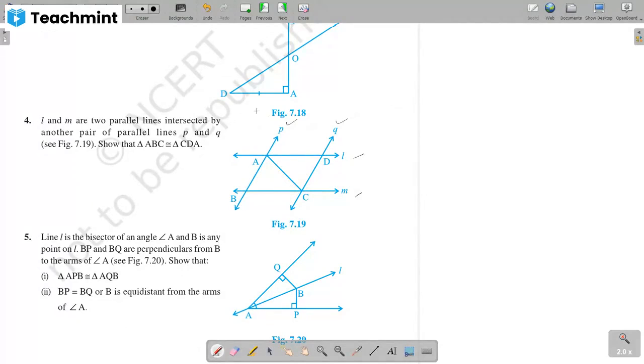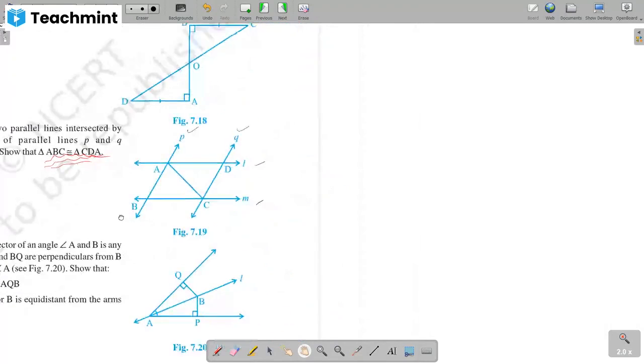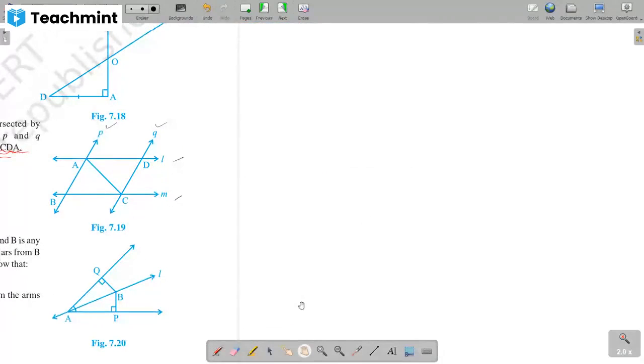So we'll start the proof by considering these two triangles only. We have to prove that these two triangles are congruent. So in the proof, we will write what is given here.